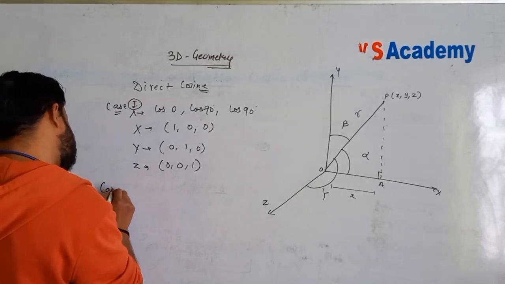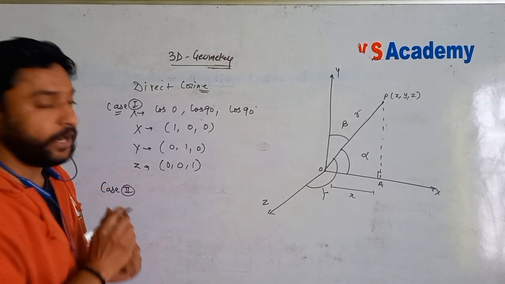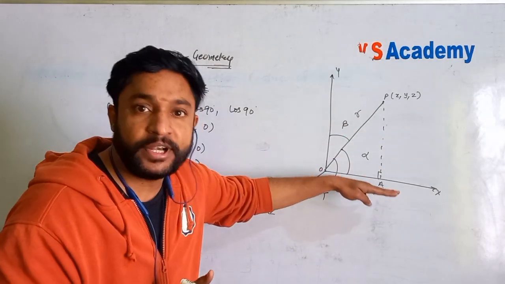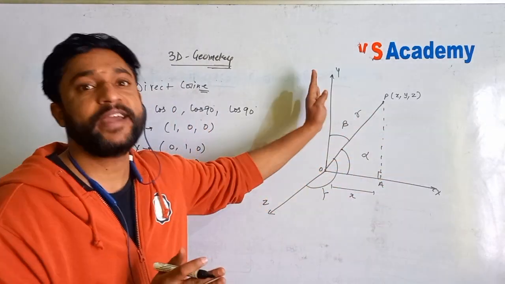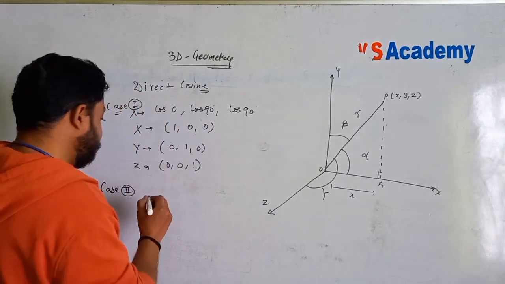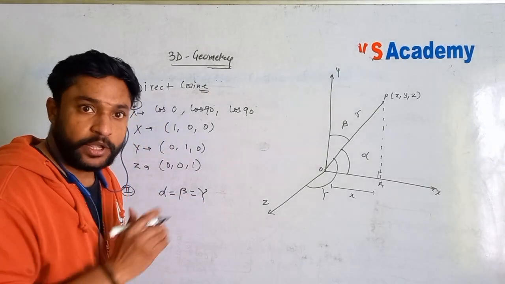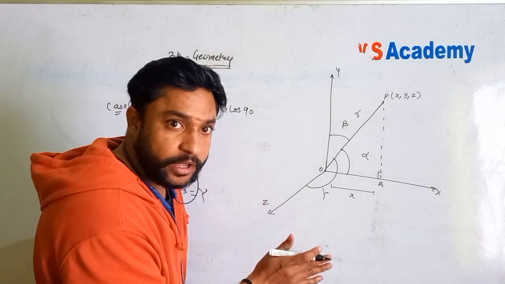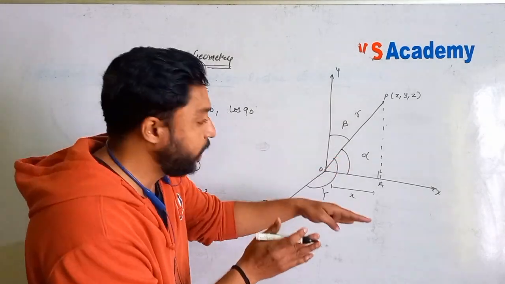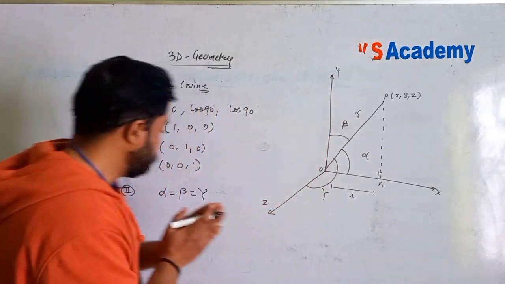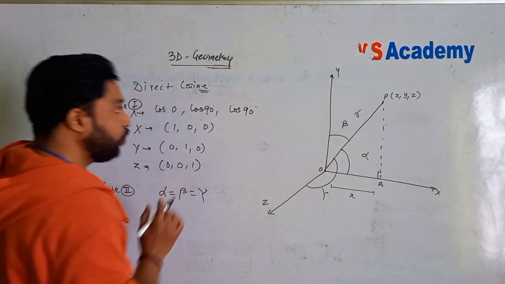And the next case we will discuss also, that if I have a line which makes an equal angle with the positive direction of the x-axis, y-axis and z-axis, then alpha is equal to beta is equal to gamma, right? Equal angle. If I have a line which makes an equal angle with the positive direction of the x-axis, y-axis and z-axis, so alpha is equal to beta is equal to gamma.